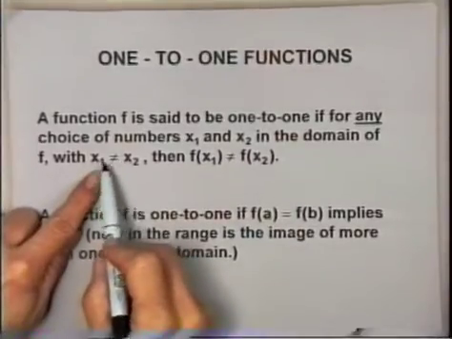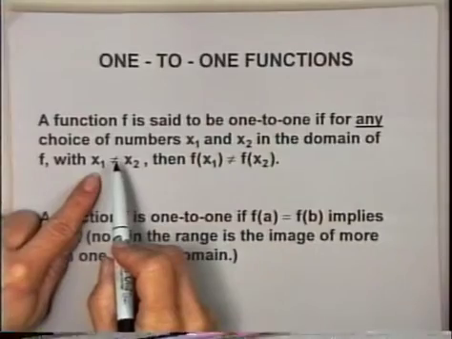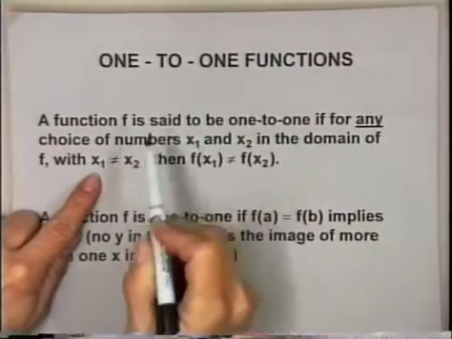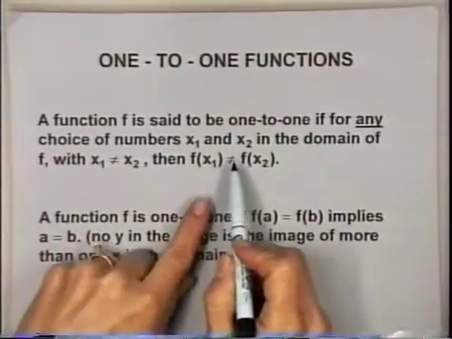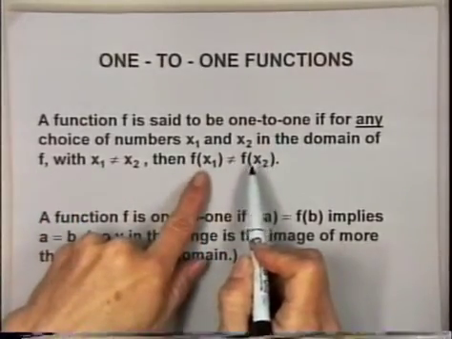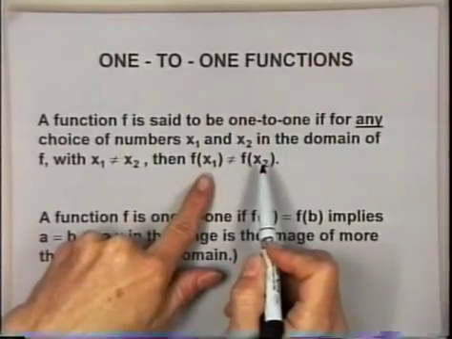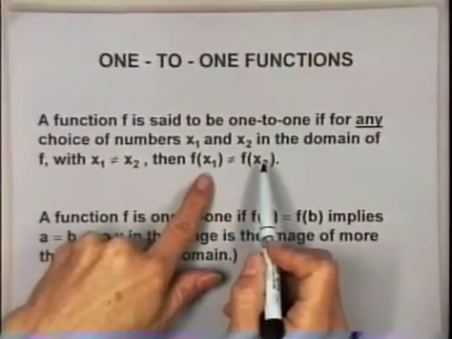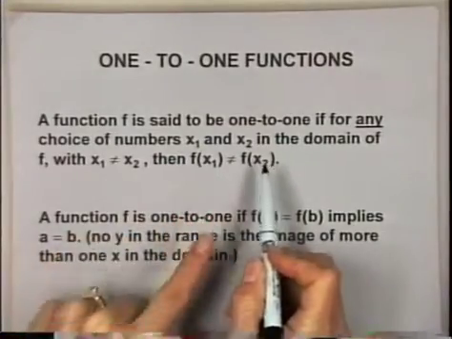This simply means that we are choosing two x values that are different. If we have a 1-to-1 function, different x values will give us different y values. Notice these are the function values, or the y values, we get when we replace x1 and x2 into the function. Different x values give us different y values.